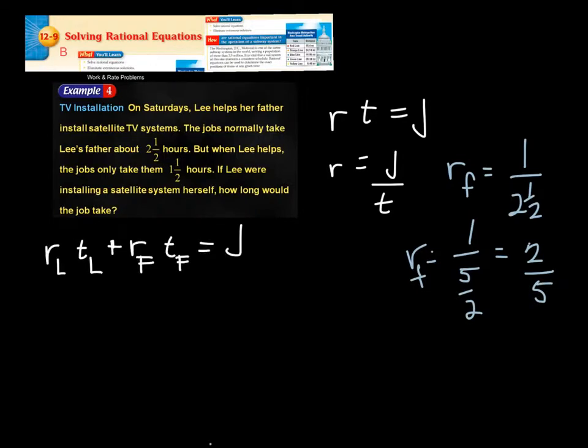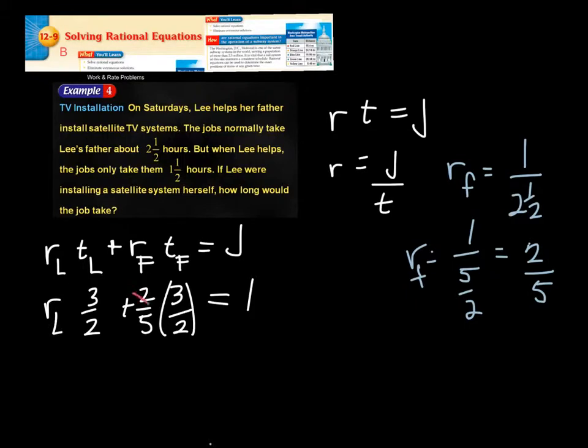It says that when Lee helps, it takes both of them 1.5 hours to install the whole system together. So they're doing one job together, working together, so their time is going to be 1.5 or 3/2 each. And we know the father's rate is 2/5. We want to find out Lee's rate.